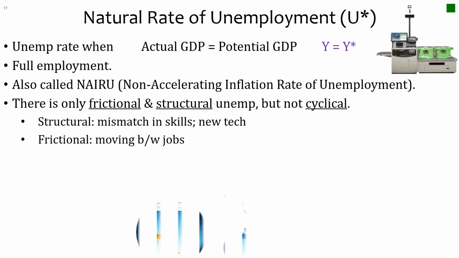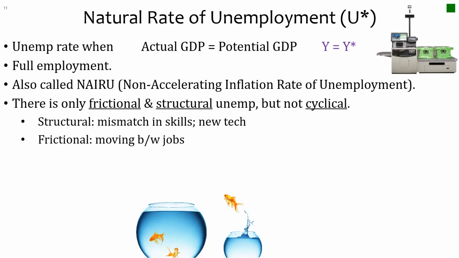Frictional is when people move between jobs, all right? I love that picture where you're in some small bowl and you want to move to somewhere bigger. This could be physically moving from one city to another, or just moving between jobs. Between those two jobs, in the interim period, you're unemployed, or because of graduating from school and until you find a job. So you're always between two stages of life.